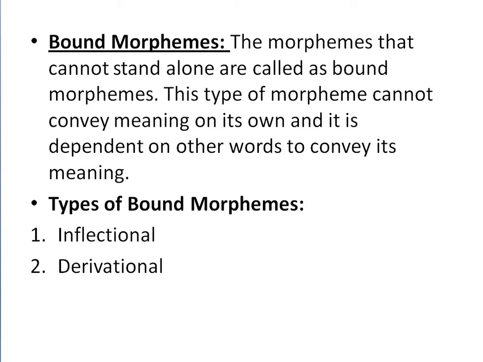For example, they can tell us about either the tense is past, future, or continuous, or they can tell us about the singularity, or either the word is plural, or they can tell us about the possessive forms.